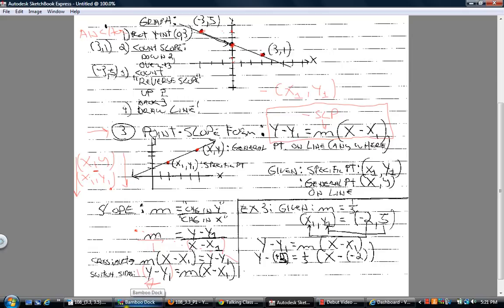Okay, and with that said, you could be given a problem, given the slope is 1/3, and given a specific ordered pair is -2 comma 5. Again, I might stack that up vertically and write x sub 1 comma y sub 1 just to help you see the association correctly.